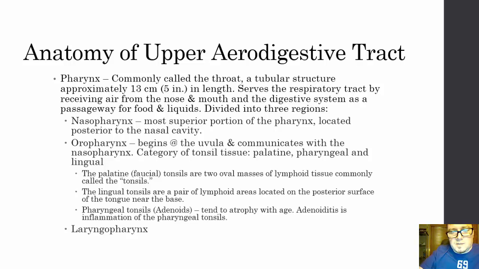The lingual tonsils are way at the back of your tongue and are quite hard to see, actually. You need a mirror to see them fairly well. The pharyngeal tonsils tend to slowly atrophy and disappear over time as you age, but when we talk about adenoiditis, as I said, in adenoids, they're talking about those pharyngeal tonsils.